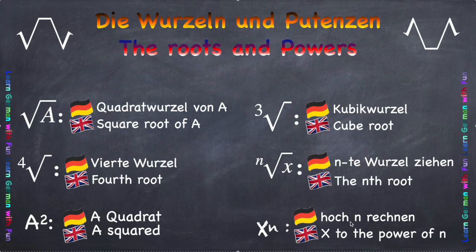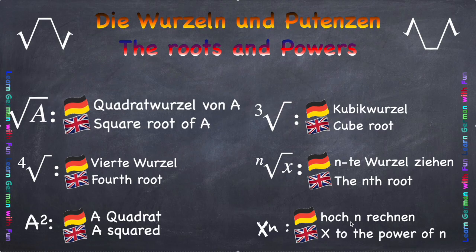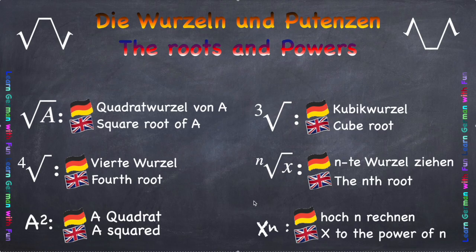Here you can see more examples about the roots and powers. One reads this term as Quadratwurzel von A in German and square root of A in English. Also, this term is kubische Wurzel in German and cube root in English.